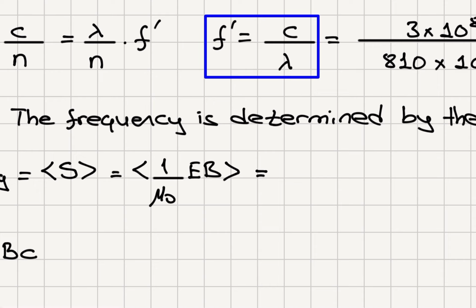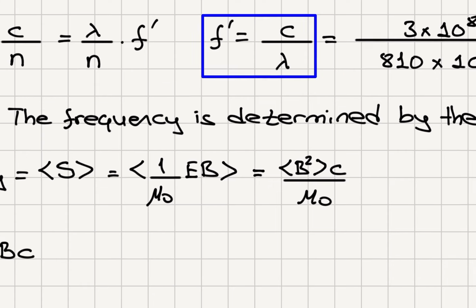So this gives us average value of B squared c divided by mu0, the permeability of free space.